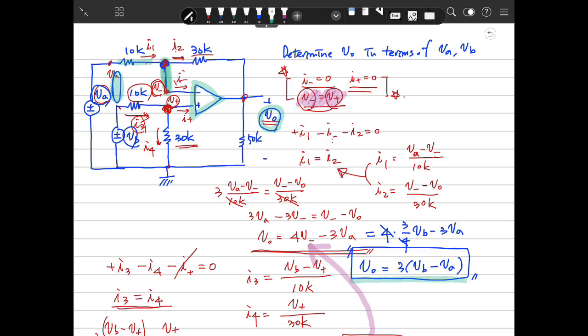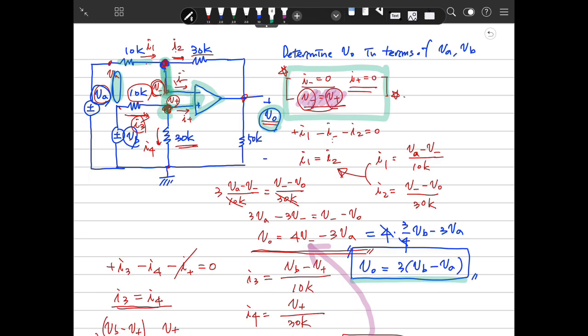Anyway, we can solve the electric circuit with the op-amp in this way. You should remember, if a circuit has an op-amp, then at first you write these equations: input current is 0 and the voltage difference between the two input pins is 0.